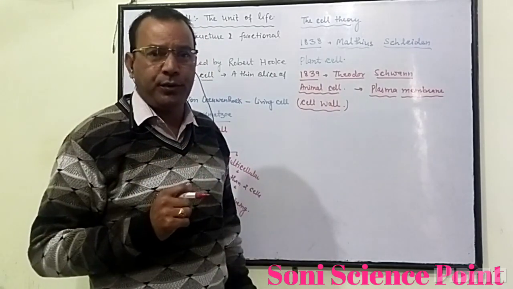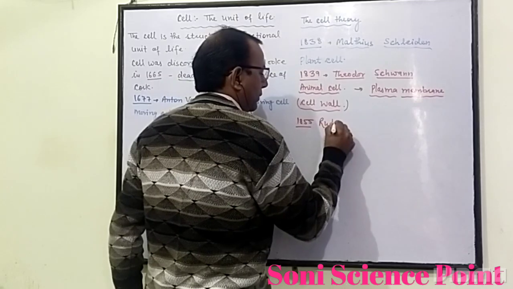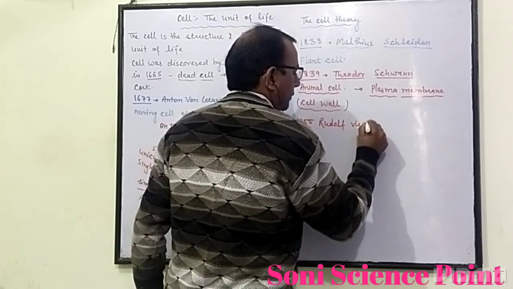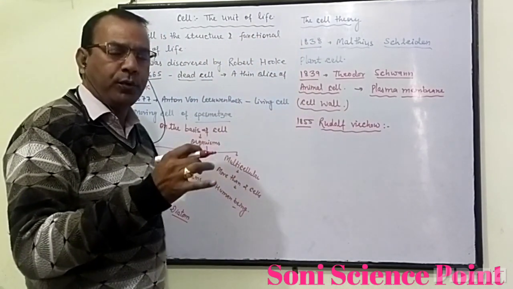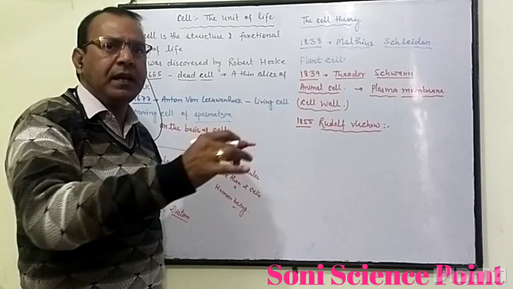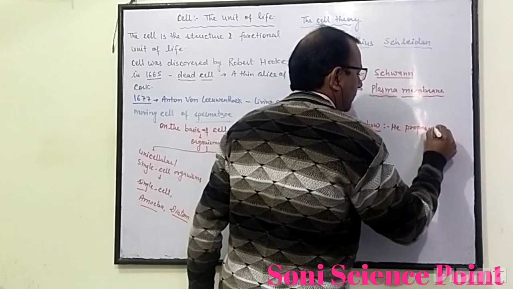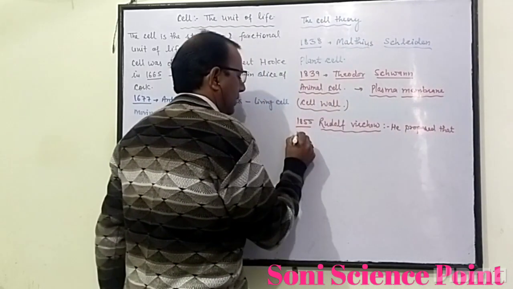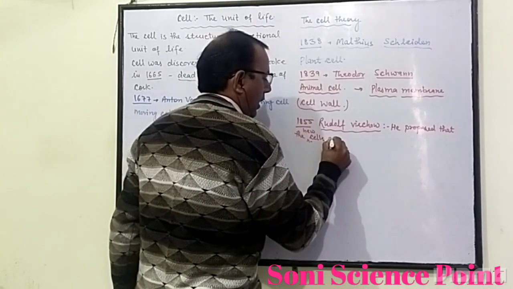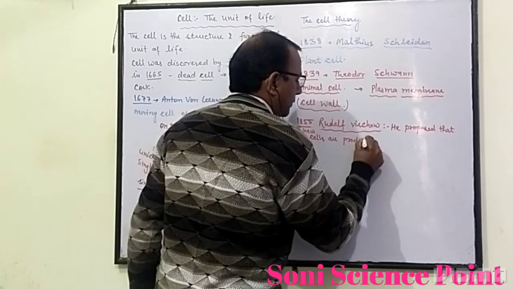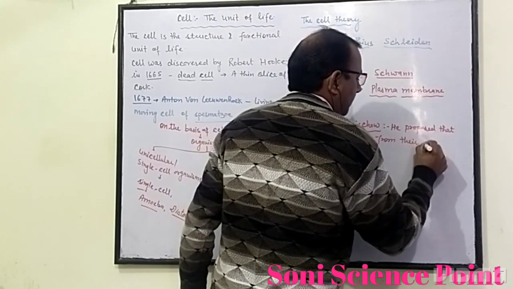In 1855, Rudolf Virchow proposed that new cells are produced from pre-existing cells.